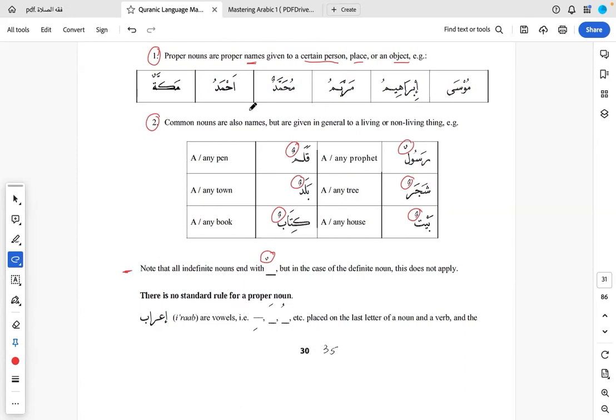And as you can see, in those proper nouns at the top, there is no tanween, except again for Muhammad, and again this is something that we'll learn about later on.